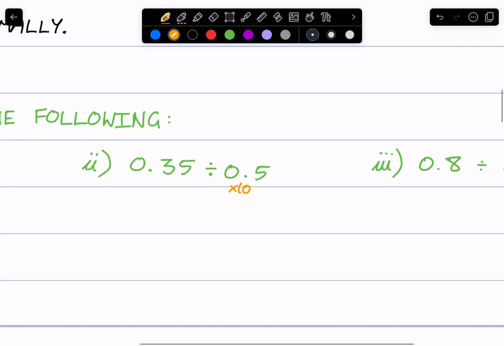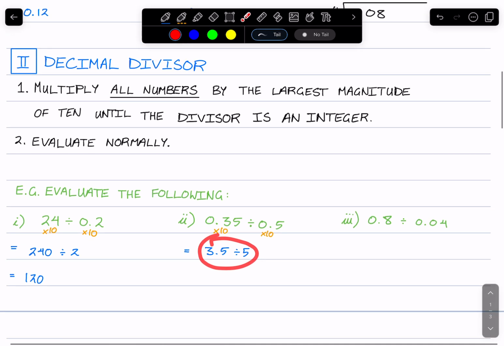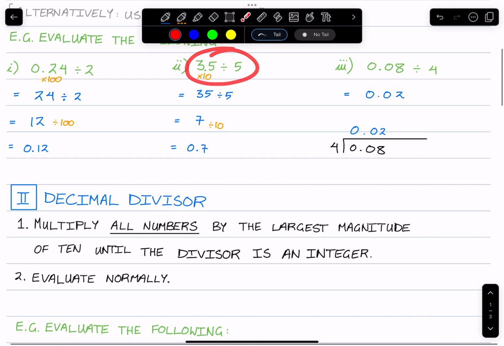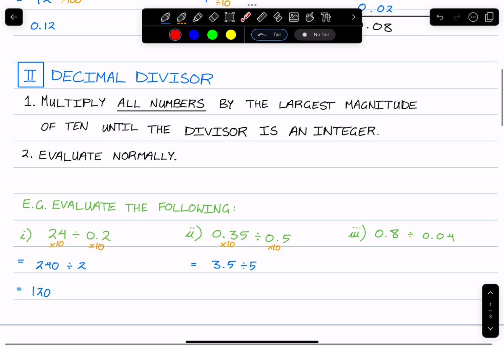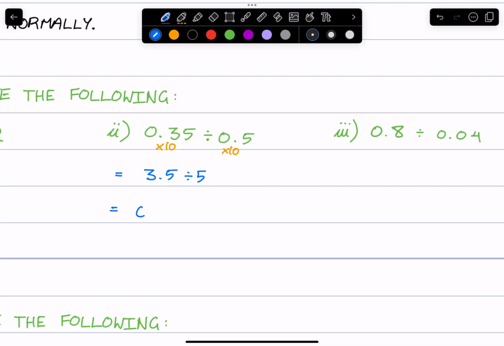So we multiply this by 10 as well. This becomes 3.5 divided by 5. Now for this, you can treat this as you would here. Notice how it's actually the exact same thing now. So this just becomes 0.7.